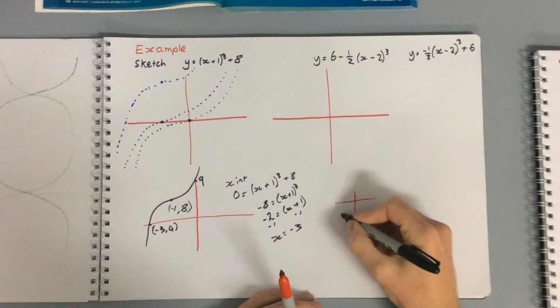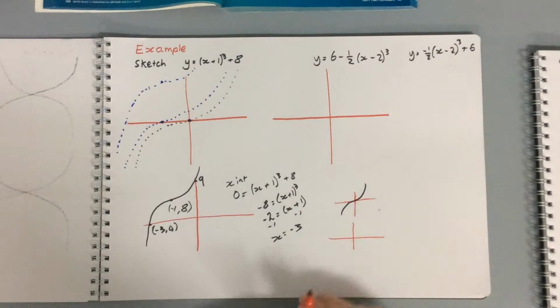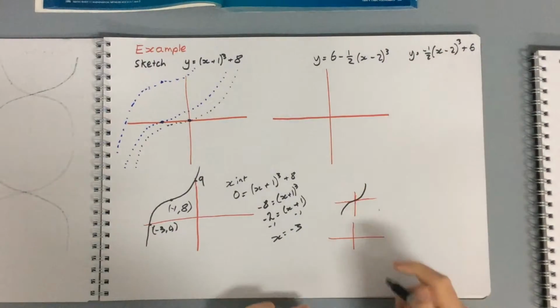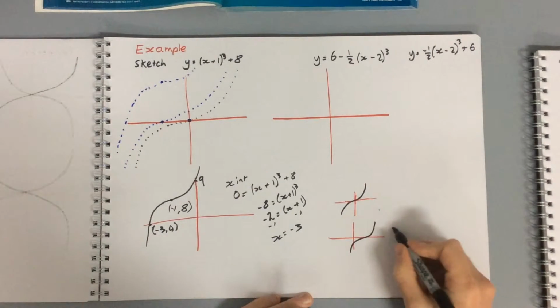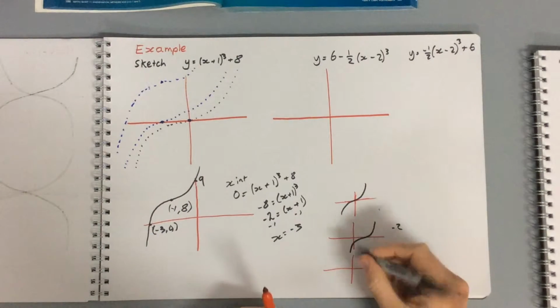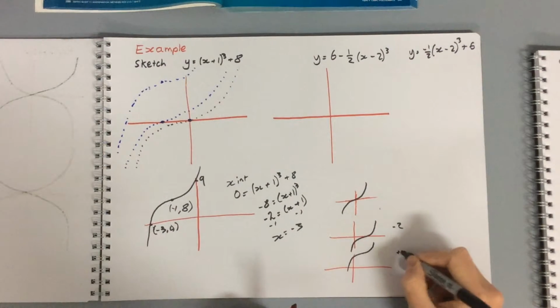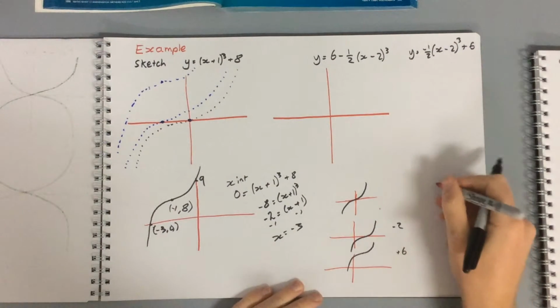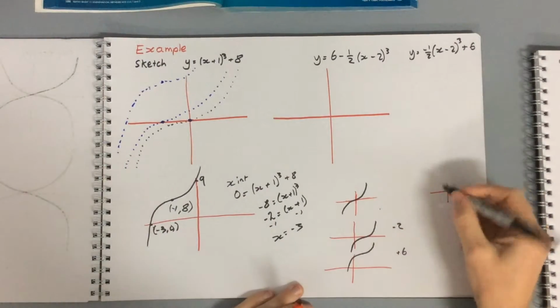Okay, so again, just thinking about, I'll do some miniature sketches. This is what we start with. Minus 2, we move it across. Next part, that 6 moves it up. And then that half makes it wider, remember?